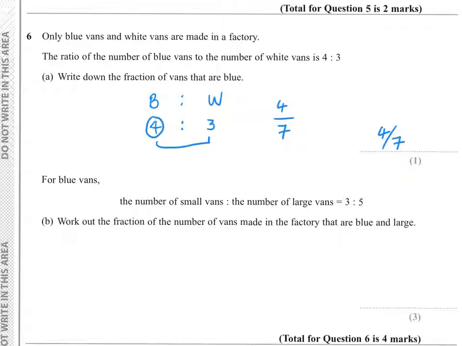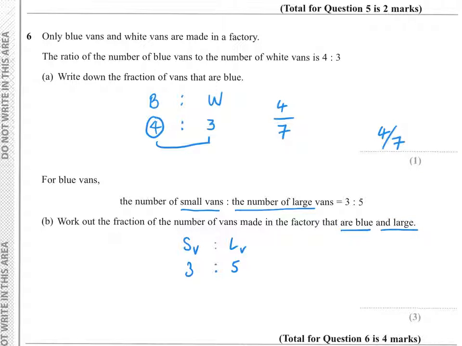For blue vans, the number of small vans to the number of large vans is in the ratio 3:5. Work out the fraction of the number of vans made in the factory that are blue and large.